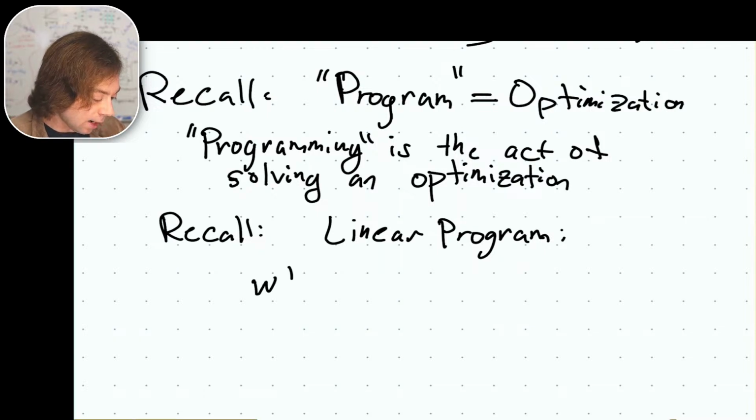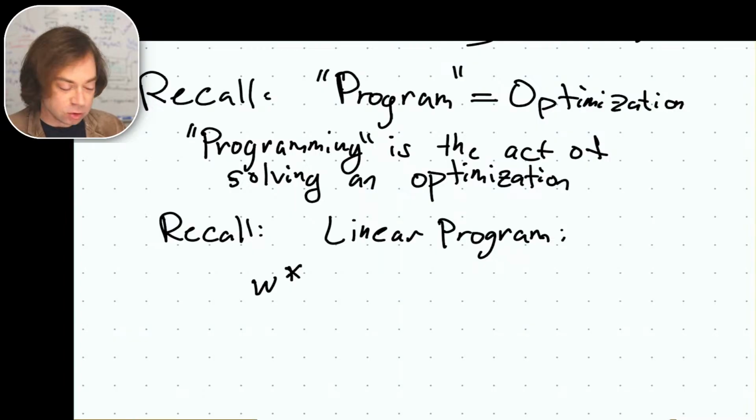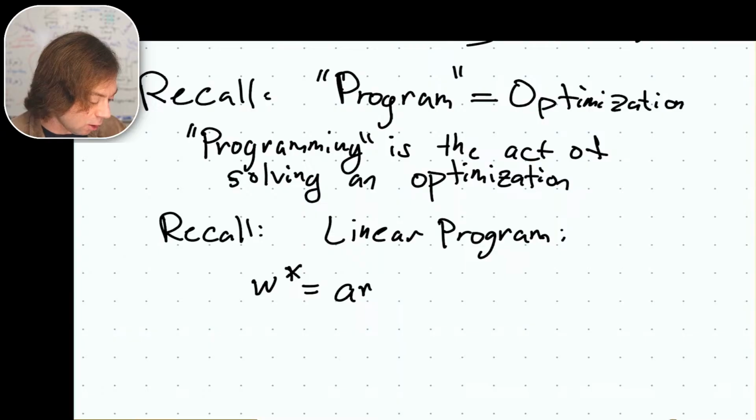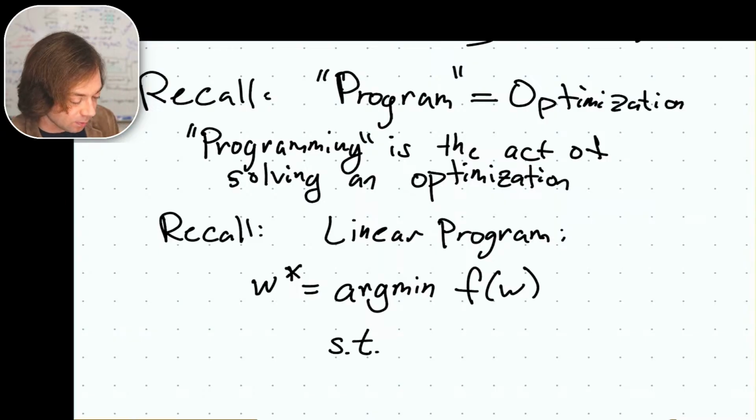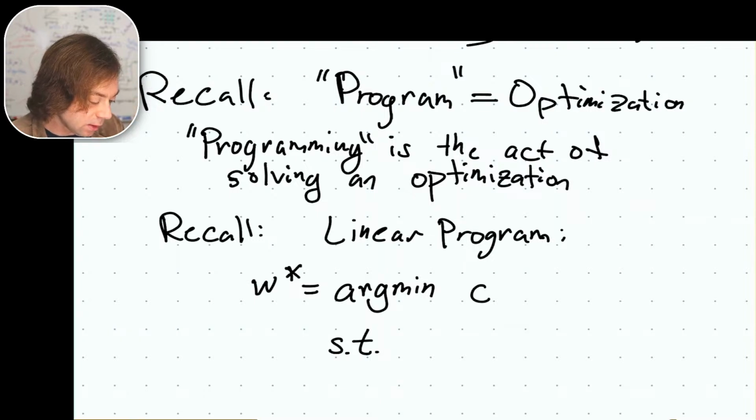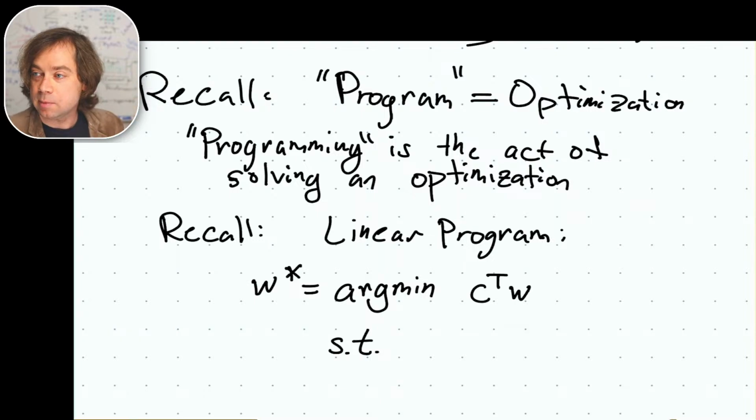So, our optimization problem: w star is our decision vector. That's the best decision vector, that's what the star means. That's the optimal. It is equal to the arg min, meaning we're looking for the minimum of some cost function. For the linear program, the cost function is c transpose w.